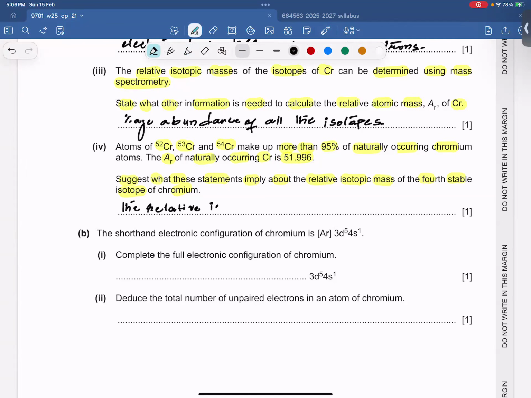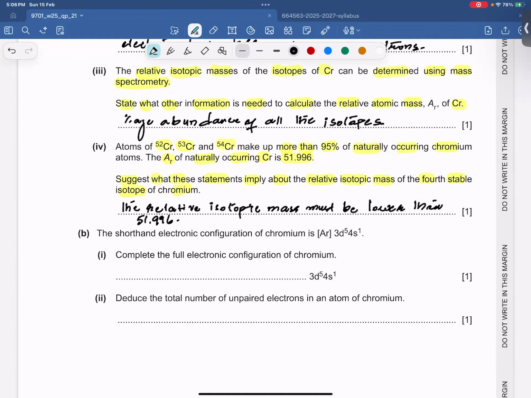The relative isotopic mass must be lower than 51.996.